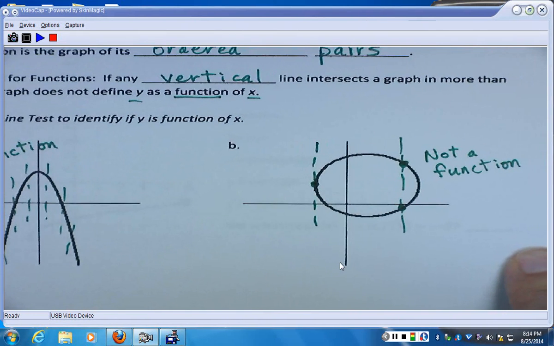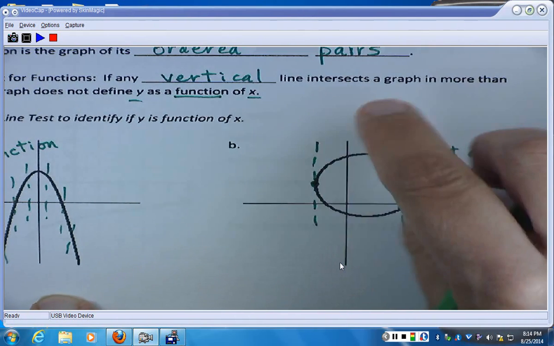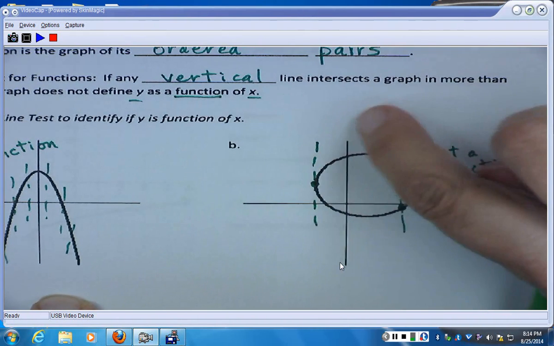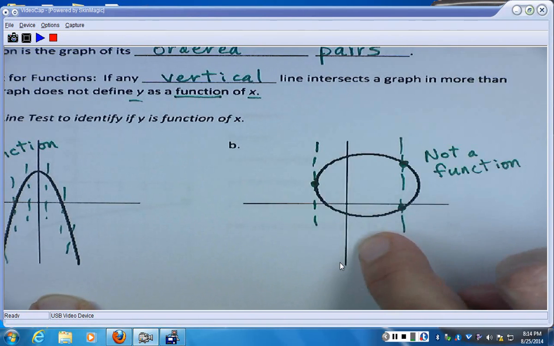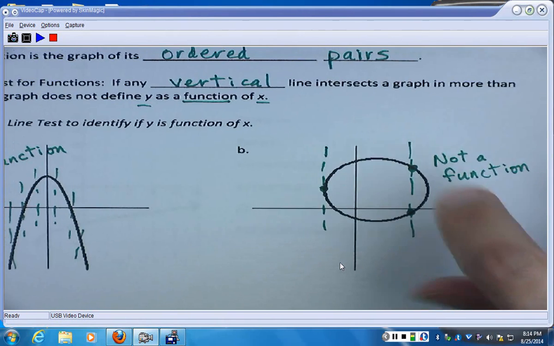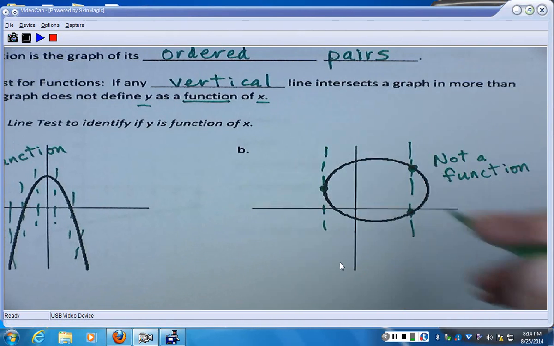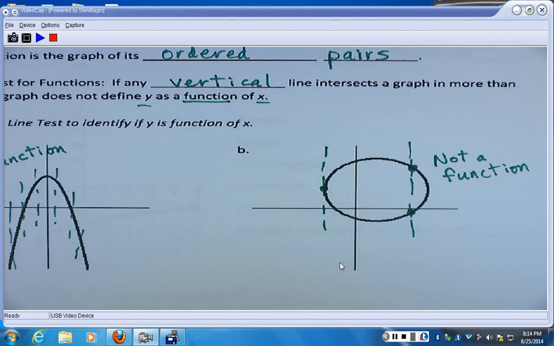Doesn't matter that I can draw a tangent line there to the circle. If I can draw a line through the relation anywhere and get 2 points, it's not a function. Okay, so that's the vertical line test.